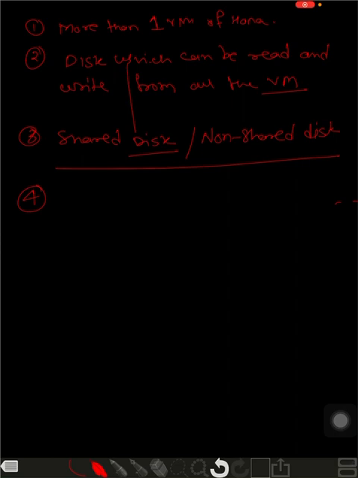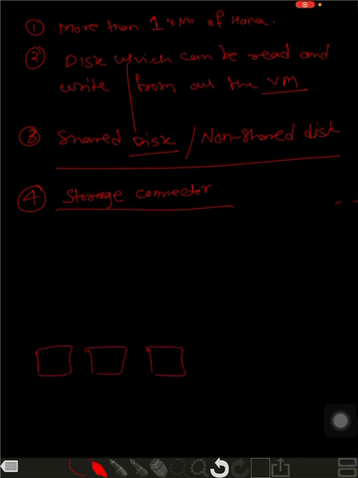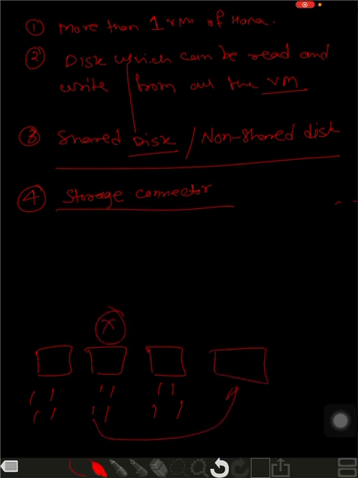The fourth prerequisite would be a storage connector. Now what is a storage connector? As we discussed, say your VM1, VM2, VM3 have separate HANA data and HANA log, and one of the VMs goes down, this HANA data and HANA log should be mounted to your standby.